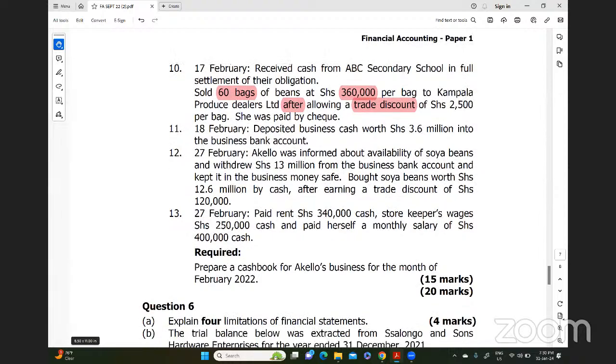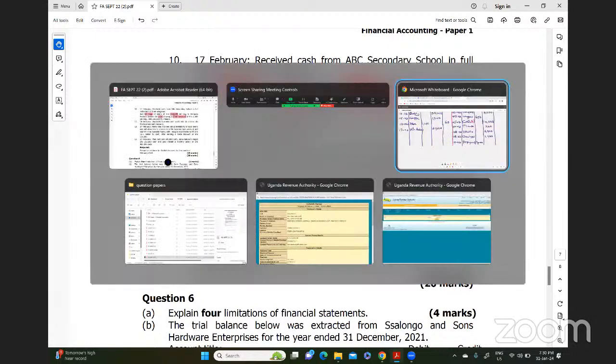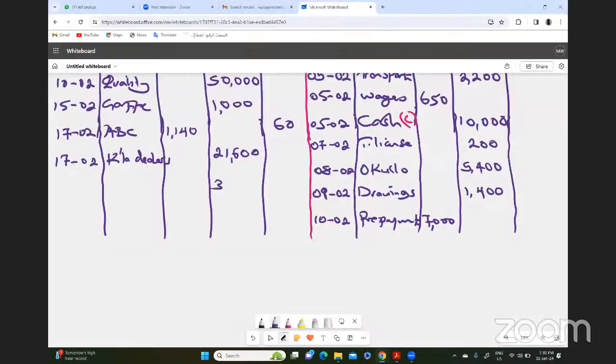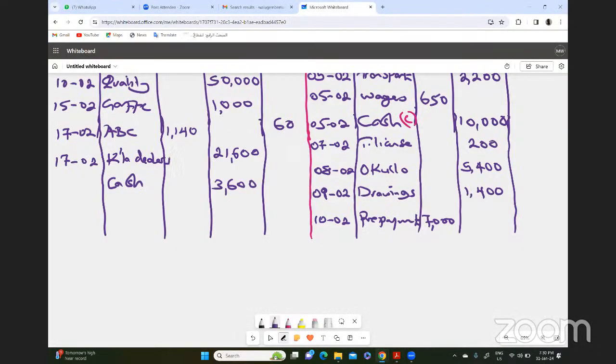Okay, so on 18th of Feb, deposited business cash worth 3.6 into the business bank account. So this time round, we are receiving money in the bank, not so? Of 3.6. It's coming from our cash money. That is on 18th.